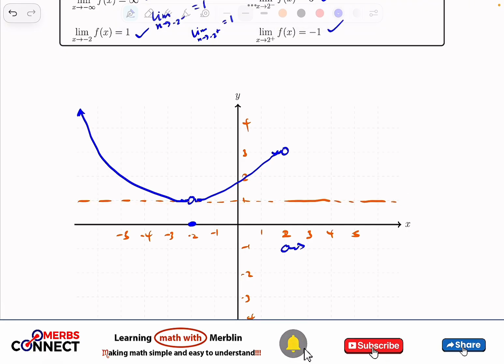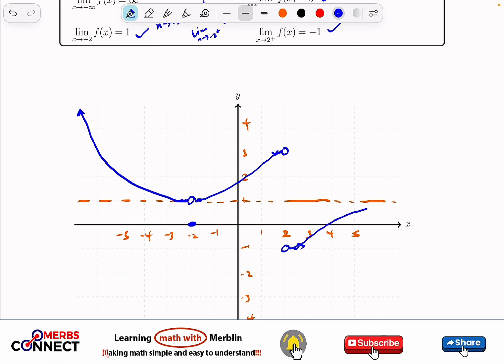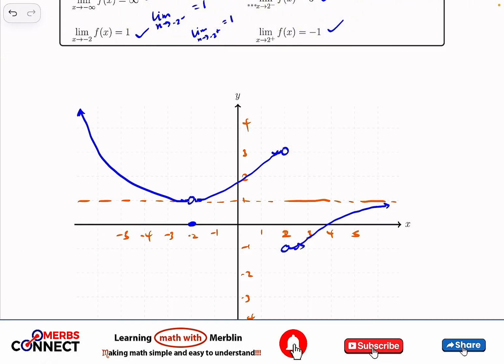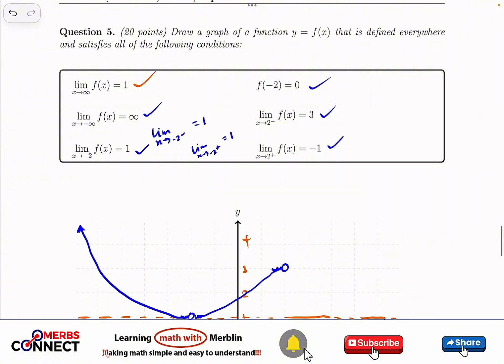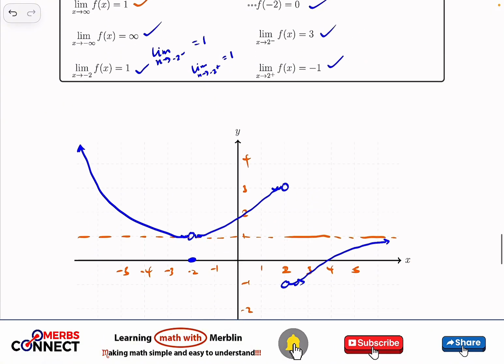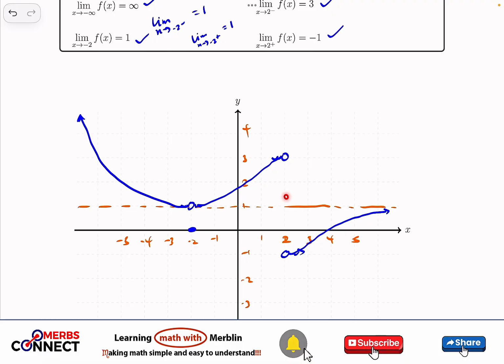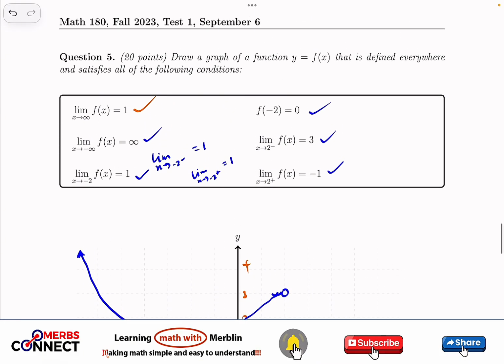So I'm going to have something like this moving towards this line here. So that's basically how the graph is going to look. This one, I can decide to shade one of them, because the question did not ask us to, we don't have f of 2, right? But it can be any of them. It can be somewhere here, it can be anywhere, but you can leave it like that and then you are done, because that was all the information given to us.